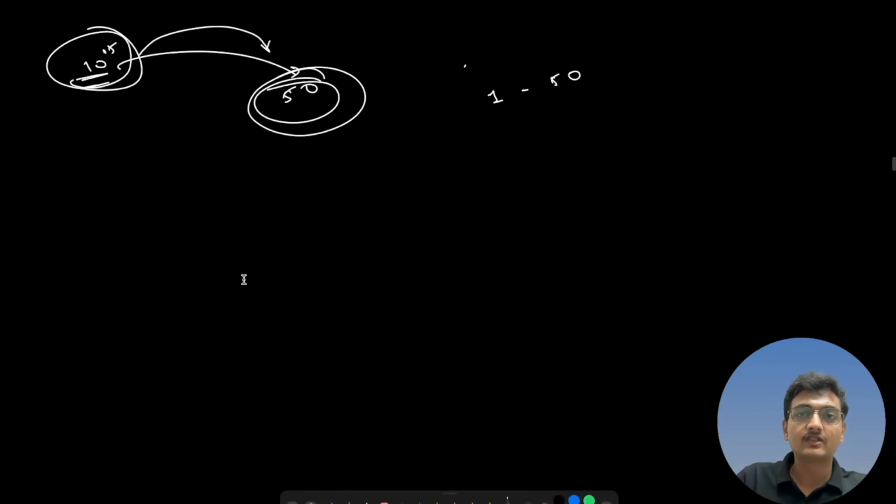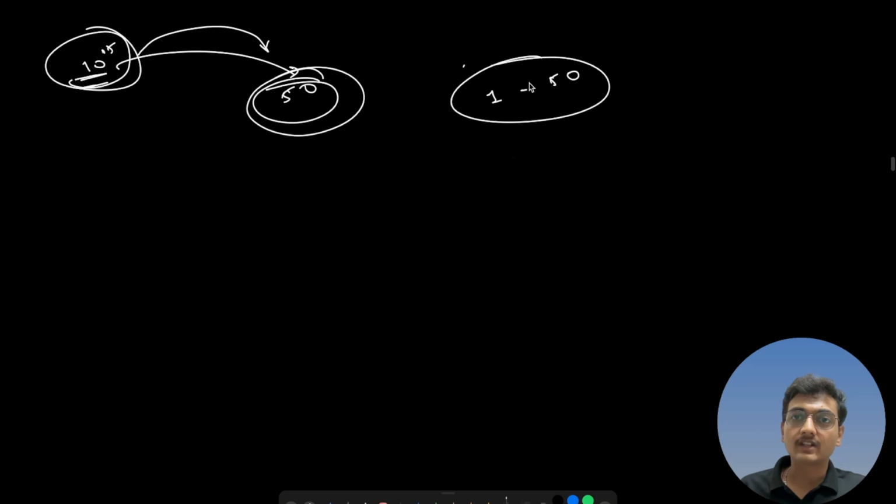So in the worst case, all bits will be set and it will come to 50. If some bits are not set, I will get the answer in this range.